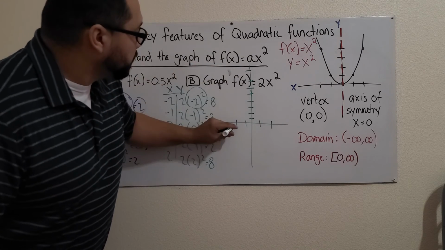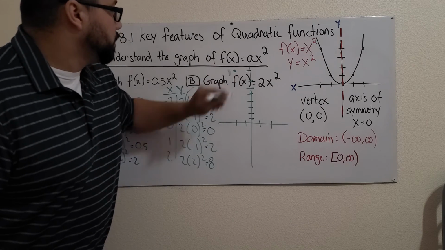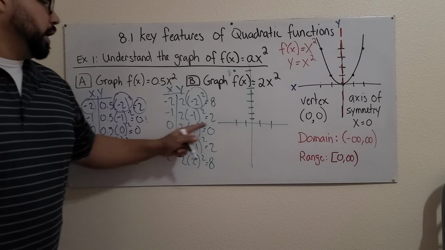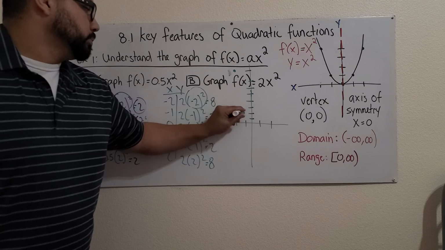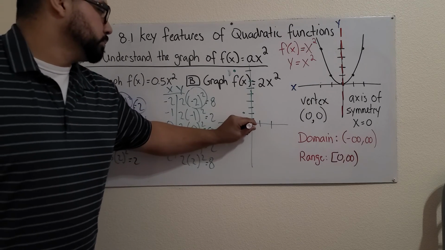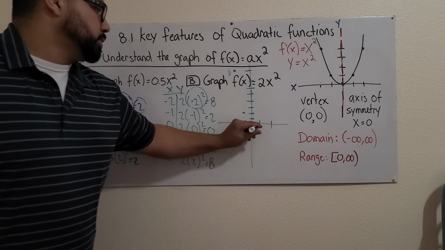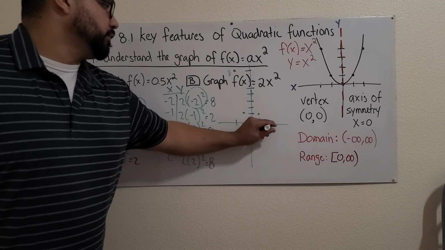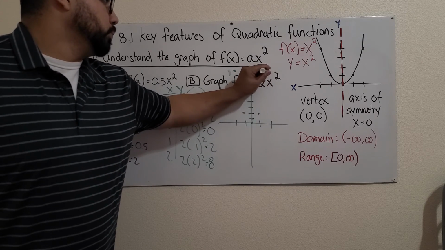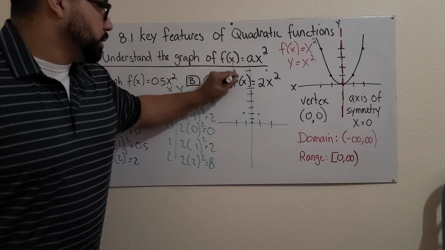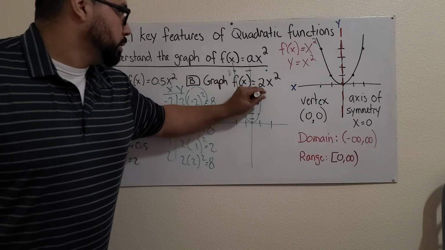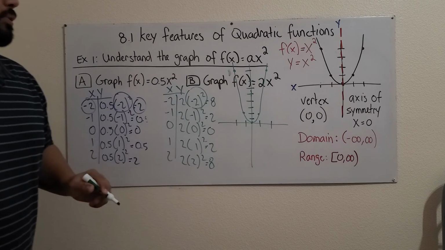Did I plot that one right? Okay, there's that point. You've got -1, 2. You have 0, 0. You have 1, 2. And then you also have 2, 8. Again, way up there. So connect the dots. And there is your parabola for that graph.